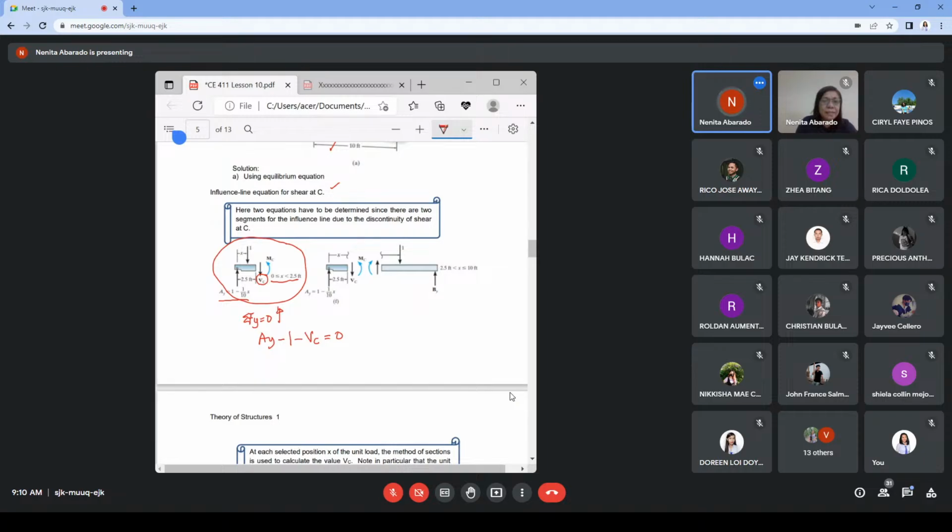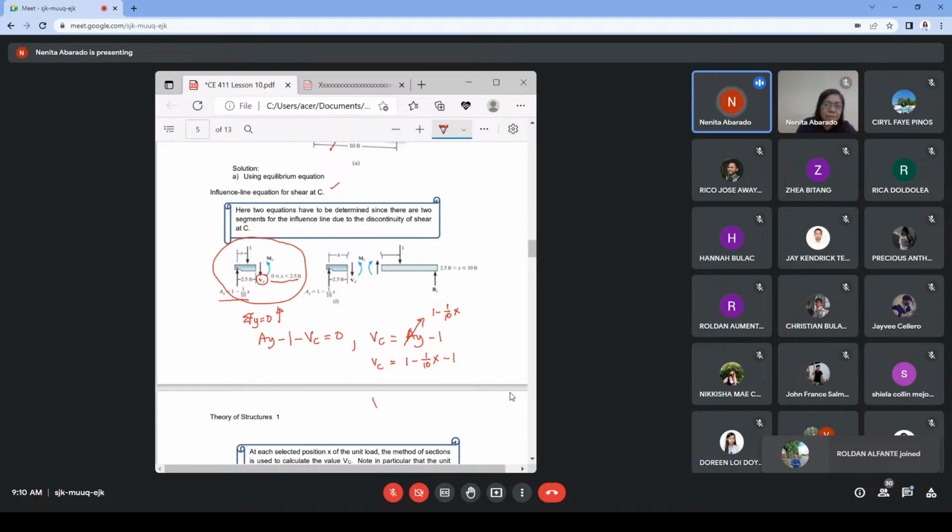Okay, so we're going to have now the equation for the shear at C. So you know V sub C is equal to AY minus 1, di ba? And what is AY? AY is equal to 1 minus 1 over 10 x. Diba? So therefore, we have V sub C is equal to 1 minus 1 over 10 x minus 1.